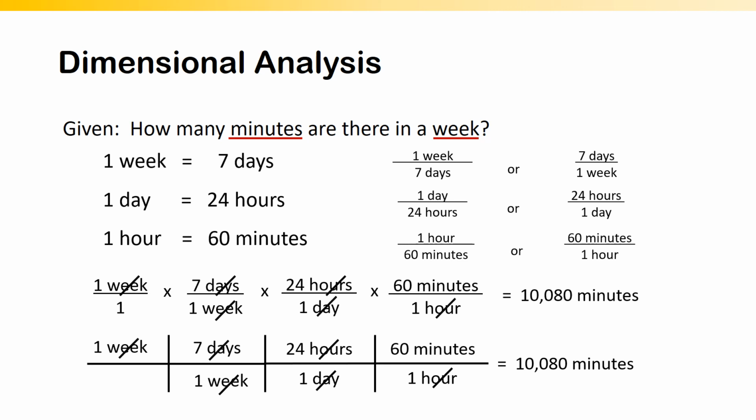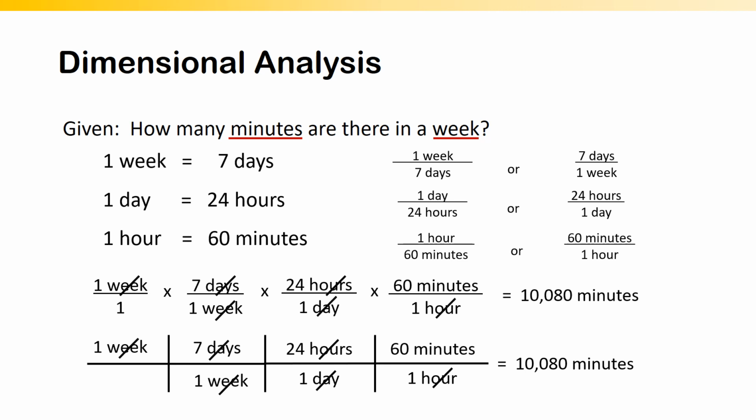Oh, and yes, of course, we have to deal with significant figures. So how many significant figures do we have in our given value? Well, our given value was 1 week, which means that we have only one significant figure in 1 week, right?